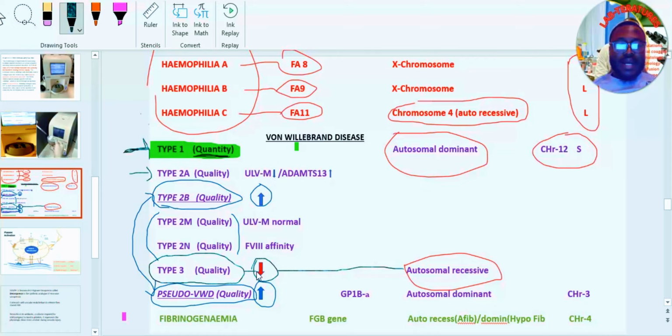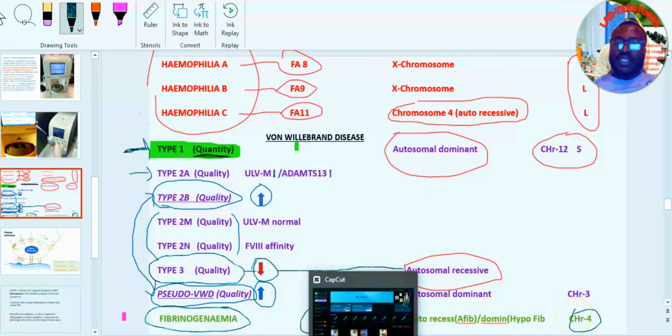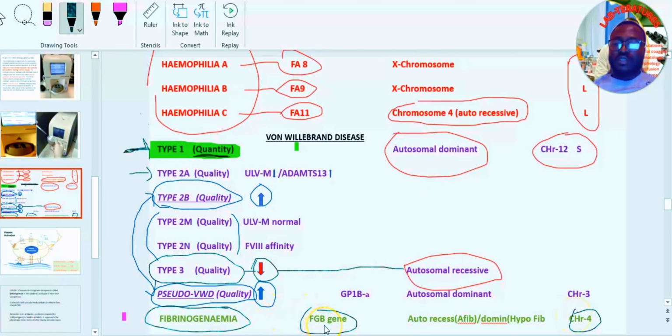And using the same idea in explaining fibrinogenemia. The FGB gene, which is the fibrinogen gene, is found on chromosome 4. If there is an aberration of the FGB gene on chromosome 4, it is either going to lead to afibrinogenemia, no production of fibrinogen, or hypofibrinogenemia, which is a reduced amount of fibrinogen production.